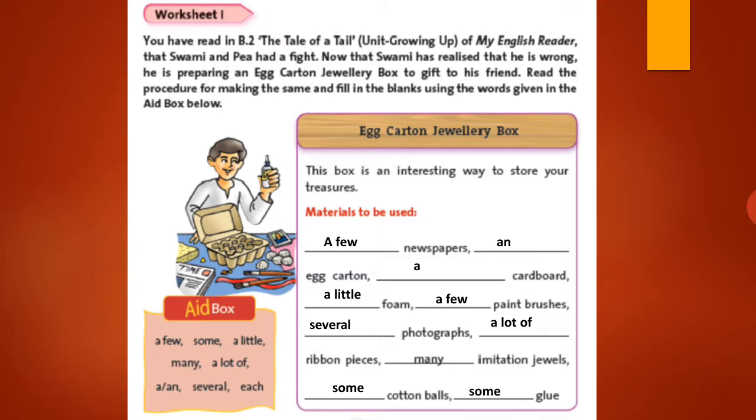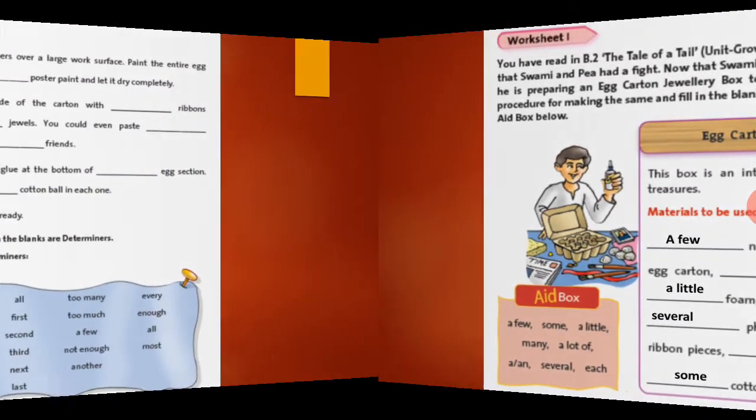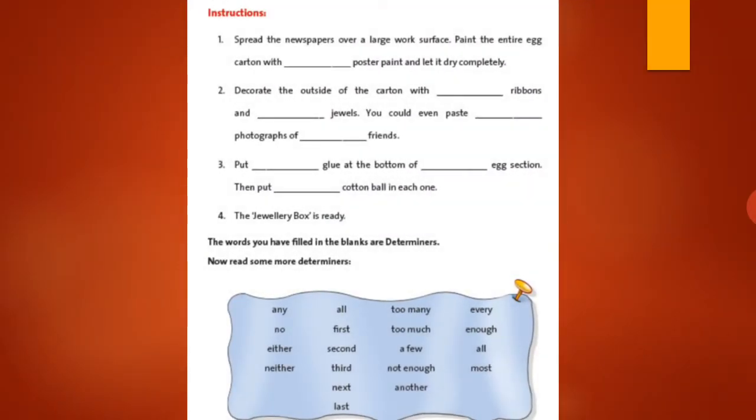So this is how we are going to use these determiners to fill these blanks according to the correct use that we discussed. The second worksheet is there on the next page.